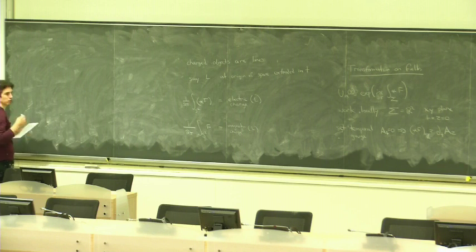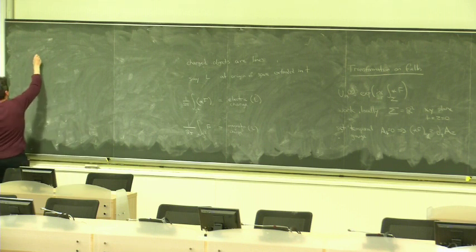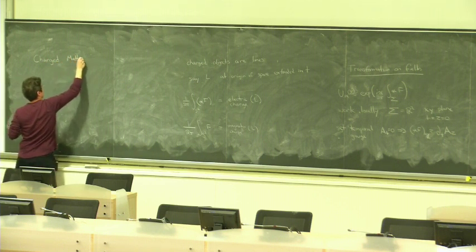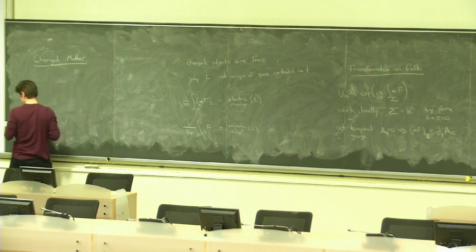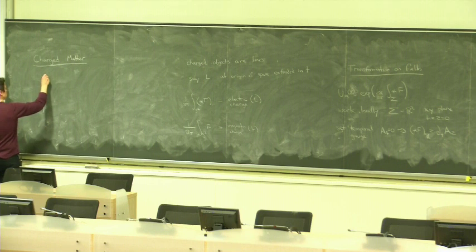Okay. This was all for the free, non-interacting Maxwell theory. What happens if we introduce charged matter? I've been focusing on the electric symmetry, and I'll continue to do so. So let's insert here a Wilson line.